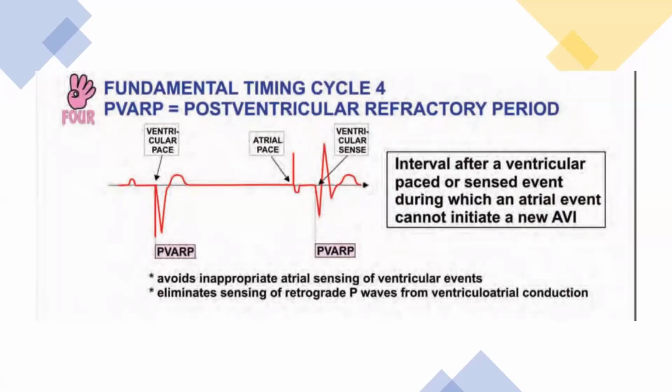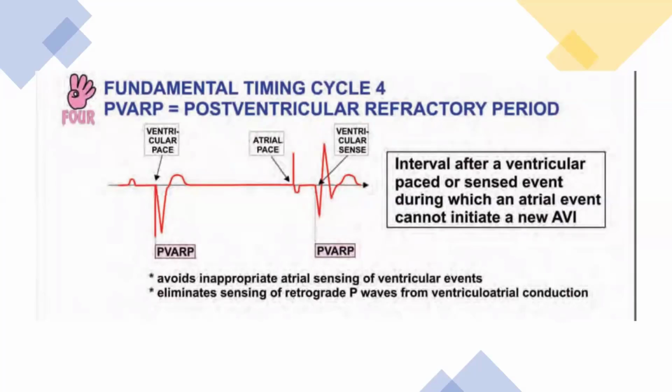So if a P wave occurs before the end of the PVARP, for the pacemaker it didn't happen. The pacemaker will record it to assess the atrial rate, because if the atrial rate is too high, it will switch its mode to act as VVI to avoid following atrial fibrillation.